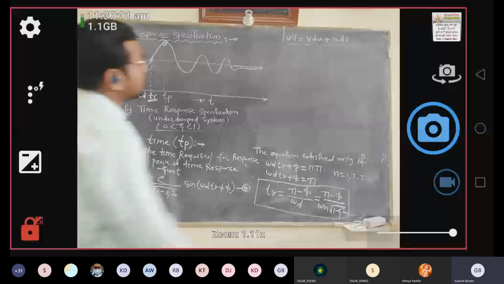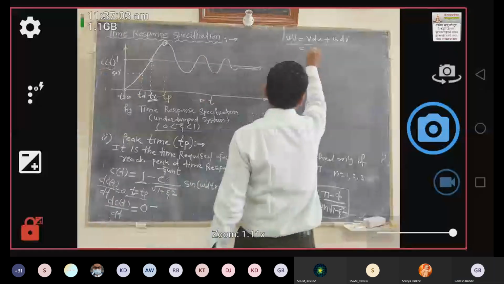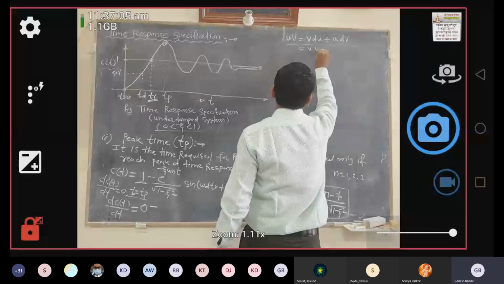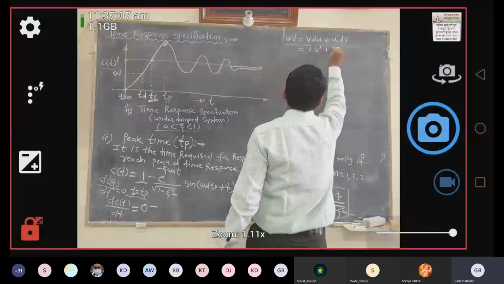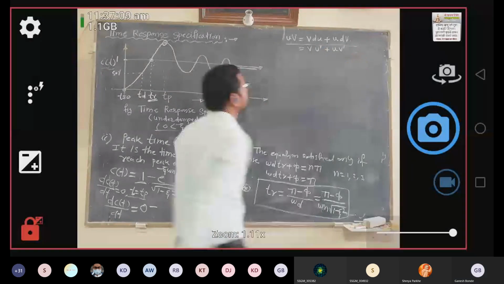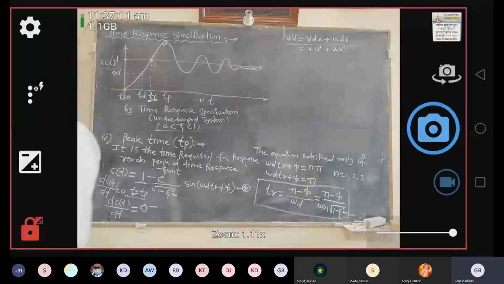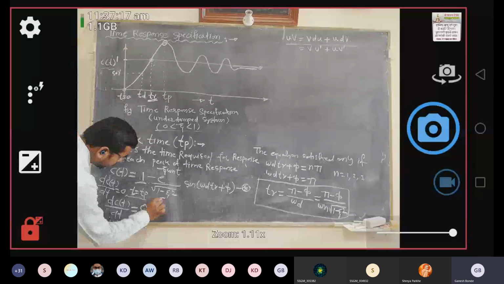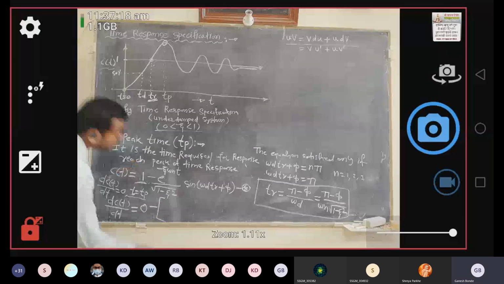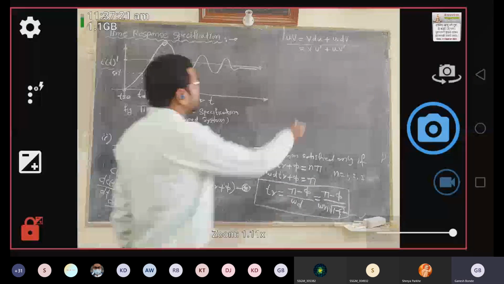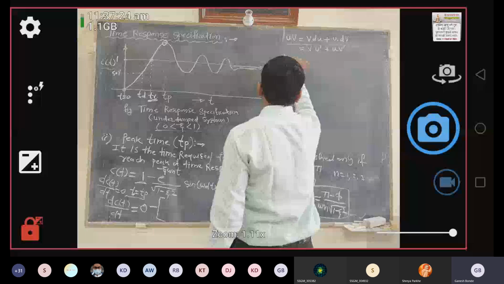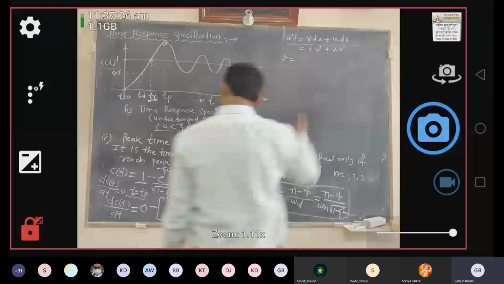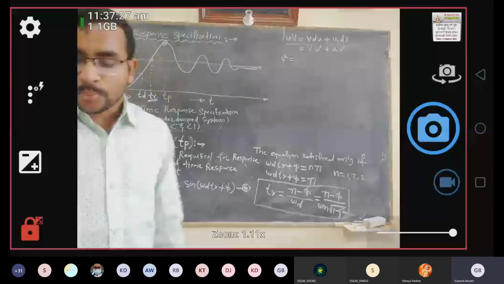Or simply, v into u dash plus u into v dash. u is denoted by a single dash also. Clear? So let's derive it. So here what is v? Here we are considering v as sine of omega d T plus phi.